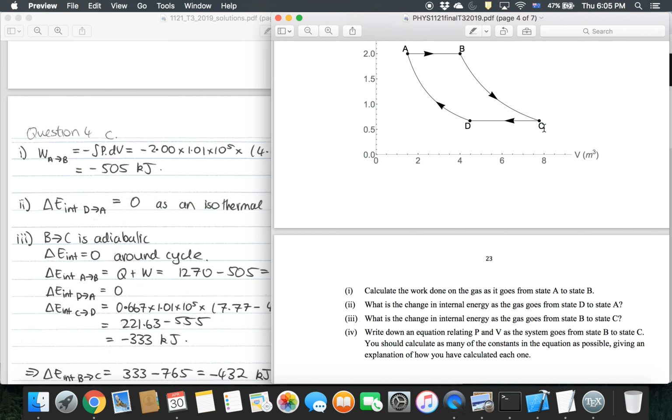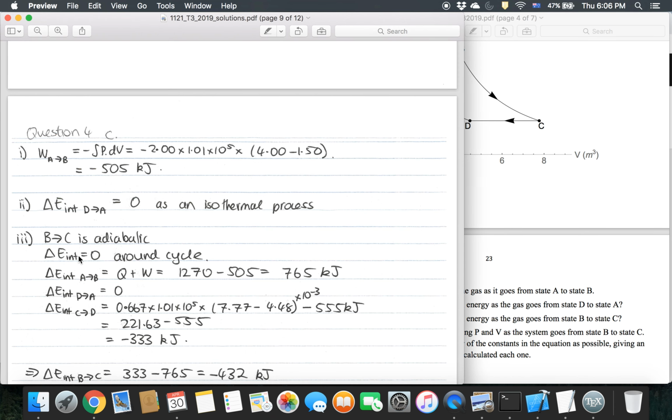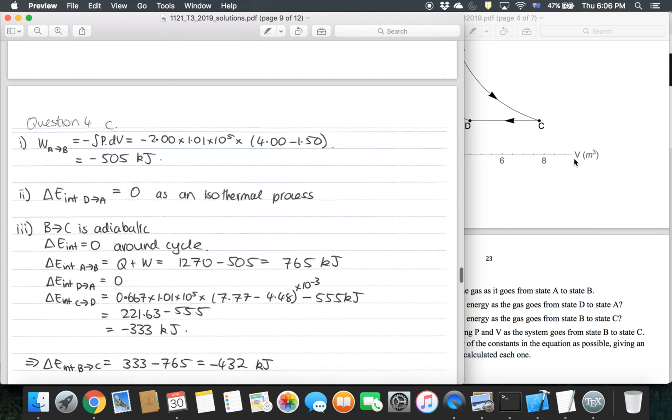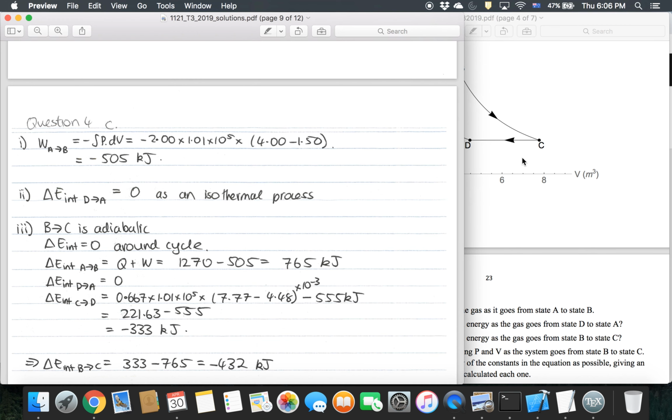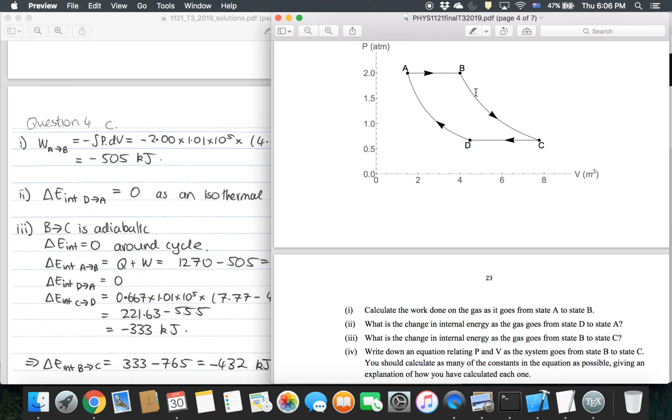You're not supposed to lose anything. So in this case, we know delta E around the whole cycle is zero, and D to A was also zero because it's isothermal, as we said before. So all we're going to find out is the change in internal energy for A to B and C to D, and using the first equation, then we can find out indirectly what the change in internal energy from B to C is.